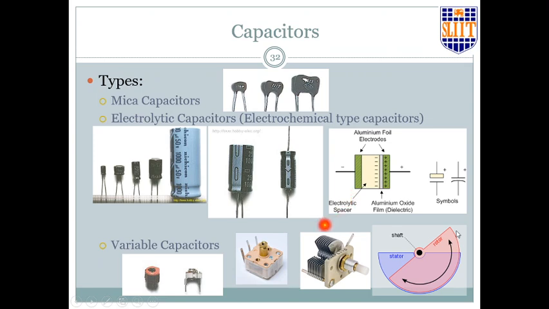Before that, the variable capacitors. What they do is they take two semicircular plates, and let one be stationary and one be rotating. So effectively, when you rotate it, the cross-sectional area between them changes from 0 to the full cross-sectional area.